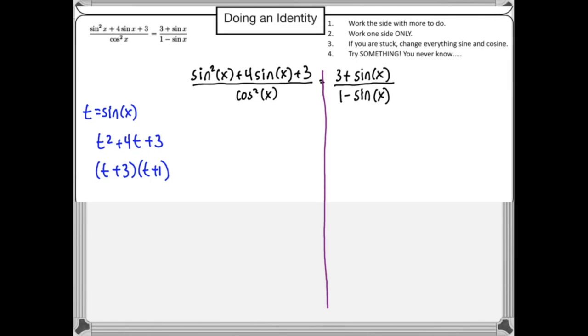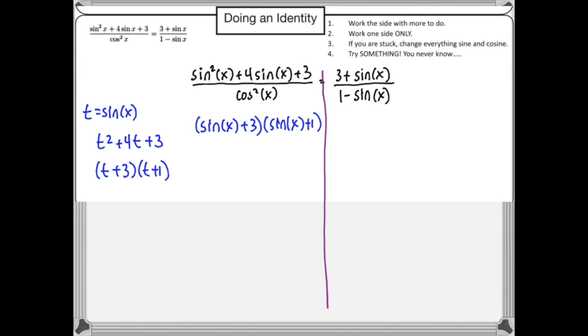So when I substitute sine back in, I'm going to get sine x plus 3 times sine x plus 1. So let's slip that back in there, and I'm going to do a cheaty face method and go ooh, right there, and that is the top all factored out.